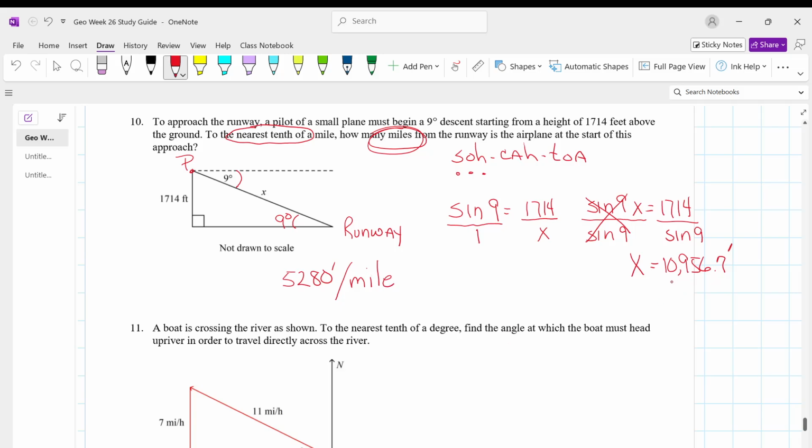So we take this x value and we divide it by 5,280. This number is still sitting on our calculator. So just divided by 5,280 equals, and that's 2.1. So he's 2.1 miles from the runway at this point in his descent.